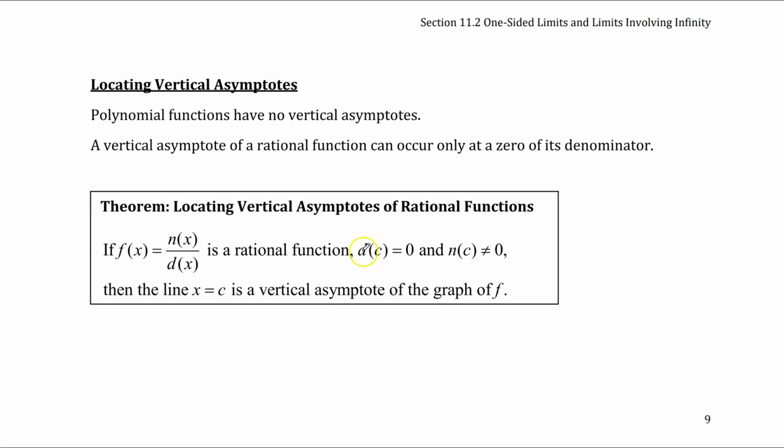It's important to take note here that the vertical asymptote is the value of x for which the denominator is equal to 0, but the numerator is not. That means that if that particular x value makes both your numerator and denominator equal to 0, then that is not a vertical asymptote, but rather it is a hole on a graph.